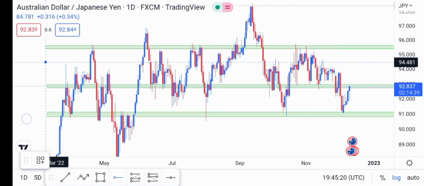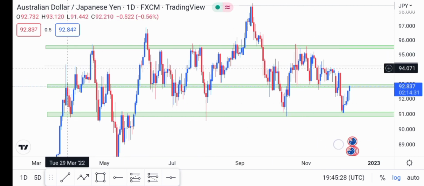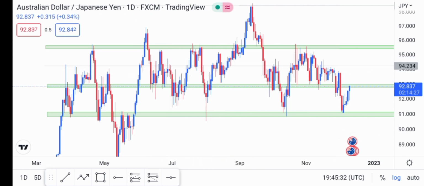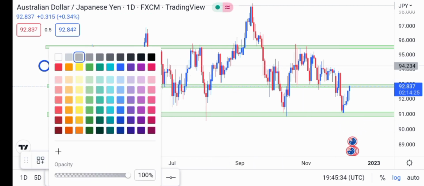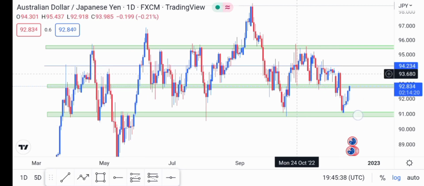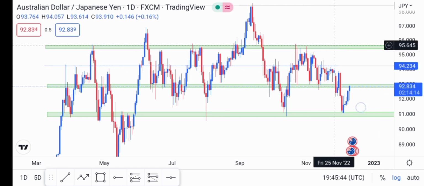But as soon as I reach this area around here, I can see a little bit of rejection and movement occurring right over here, here, and here. So let us change the color to blue. This is our support level, this is our resistance level, this is our mid-range here on this upper part only.